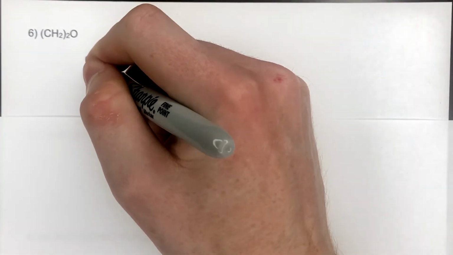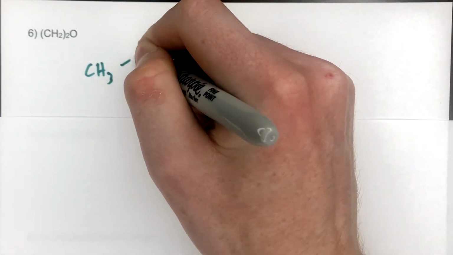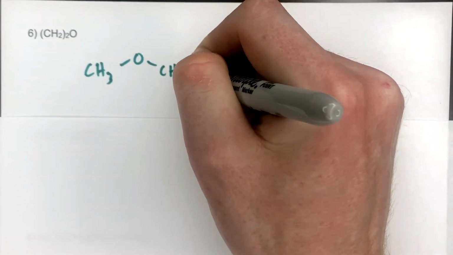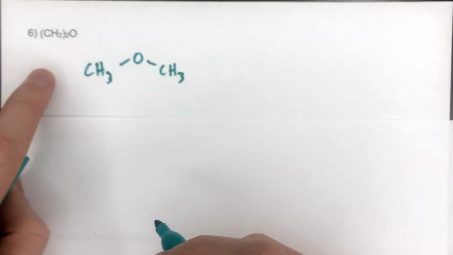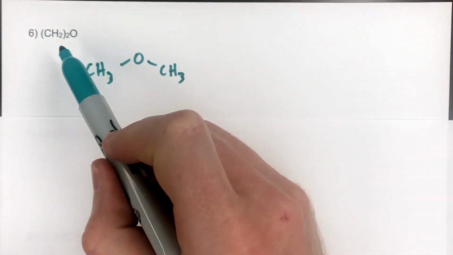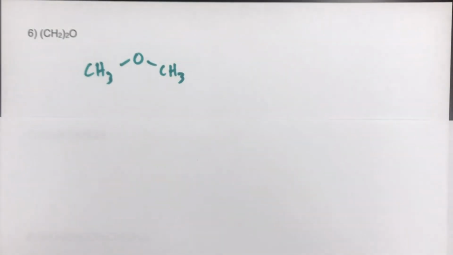And this one is pretty confusing because we have a CH2, and there's 2 of them bound to an oxygen. So if we think about this, let's just think if we had a CH3, oxygen, CH3, that's kind of similar to this, except for the fact that this is CH2 and there's 2 CH2s.